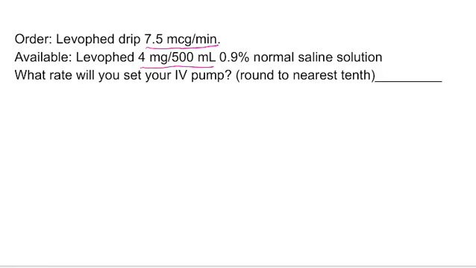Okay. Now one thing I want you to notice is that my order is written per minute and my pumps are written per hour. Or not written, but that's how we set the pumps, as a per hour rate. So the first thing I'm going to do is make this order into per hour.